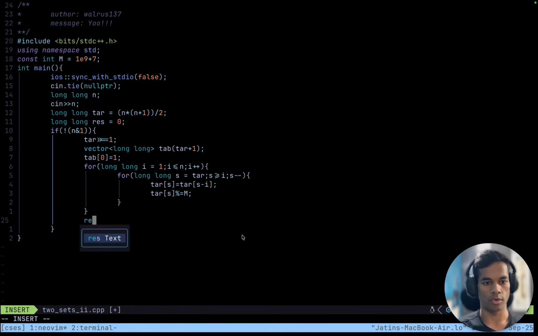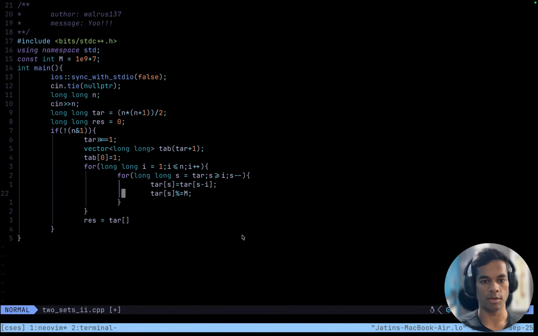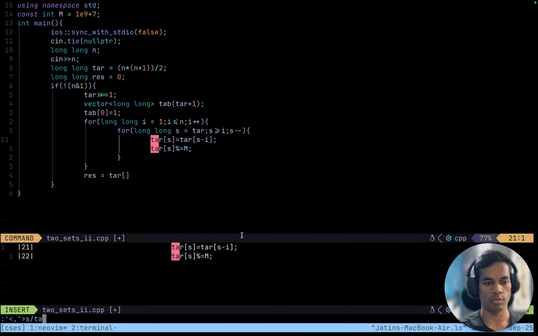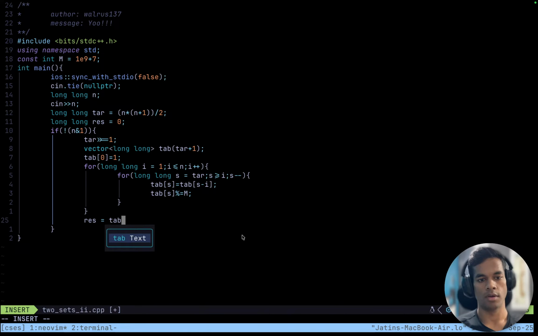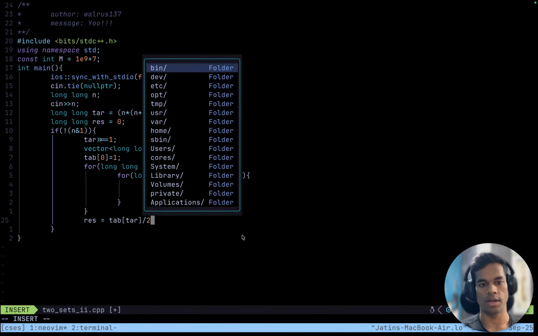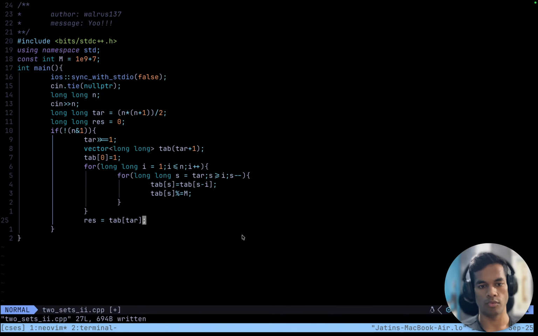And before here, s equals tar. Shit, I messed up a little bit, only a little bit, not much. Here, tar has to be substituted with tab globally. And here, the same thing, res equals tab tar divided by 2, which I do not like.